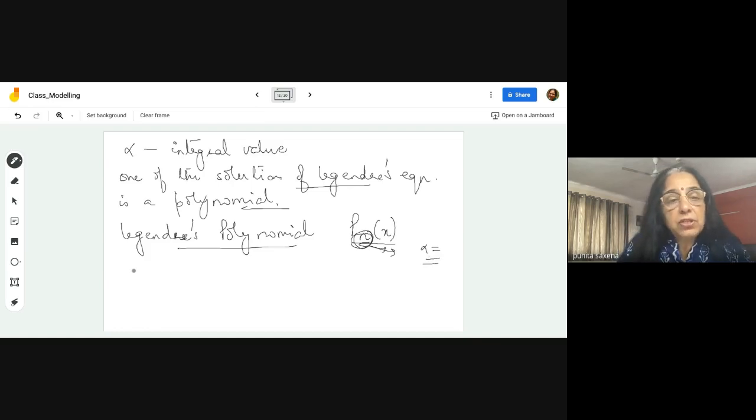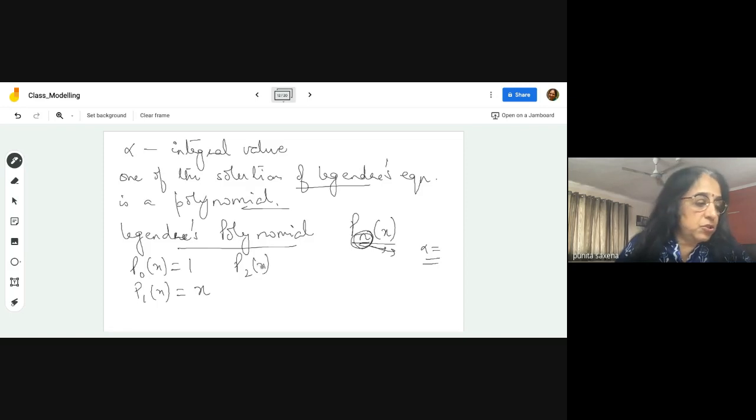So when alpha was 0, we obtained P_0(x) as 1, right? Similarly, when alpha was 1, we get P_1(x), and that was x. Similarly, when alpha was 2, we obtained P_2(x). How much did P_2(x) come out to be? Can you just go back and see?